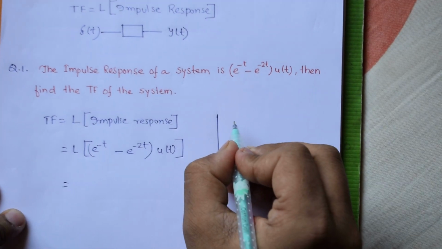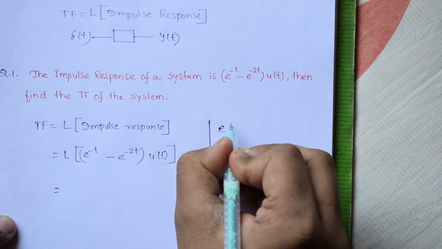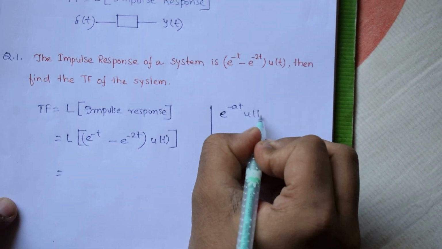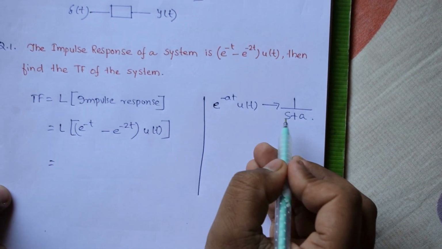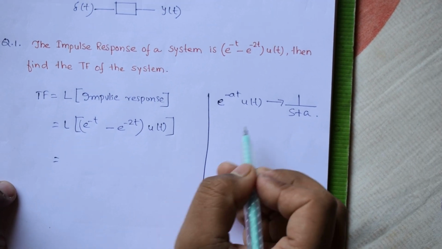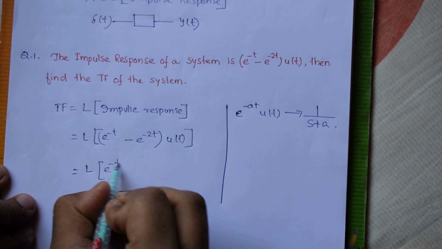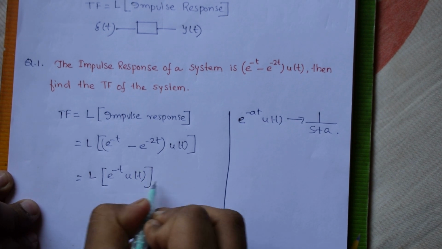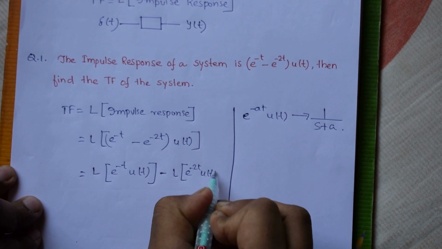For this we have to know some basics of Laplace transform. Laplace transform of e power minus at u(t) is 1 by s plus a. So here we need to use this formula. So Laplace transform of e power minus t u(t) minus Laplace transform of e power minus 2t u(t).